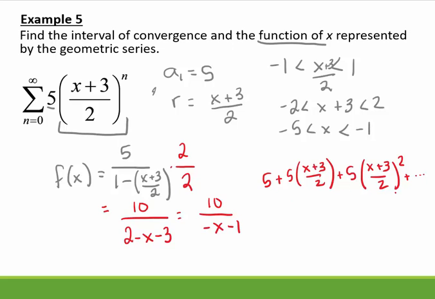So the more terms you write out, and say you graph that in y1, and you graph this in y2, I think that this series and that function are going to be basically lying right on top of each other for our interval of convergence.